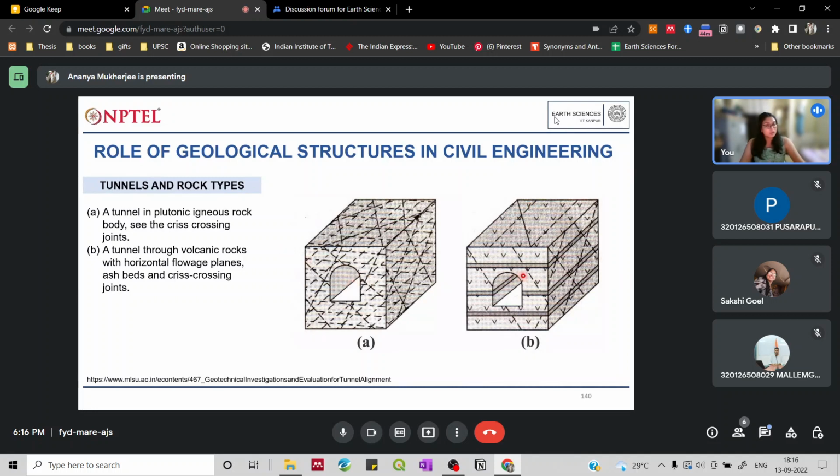Volcanic rocks are also well suited, but any planes that you have, like these joints, matter. If you talk about basalt, they are very prone to weathering, so they will weather very easily along these weak planes that are the joints. So we will have to use suitable lining and roof support methods over here, some of them like grouting or bolting.